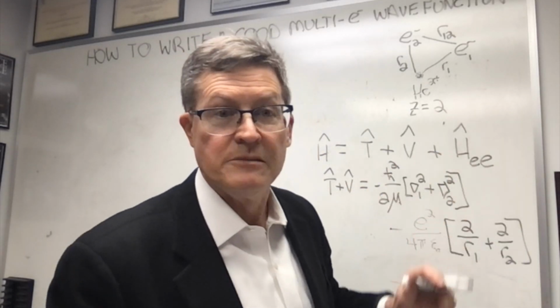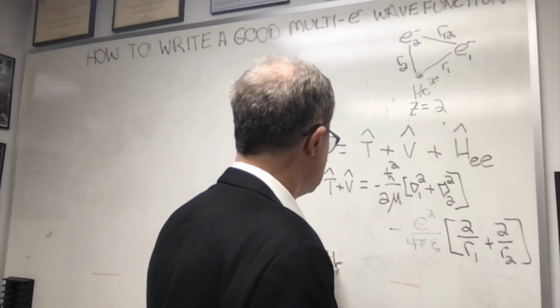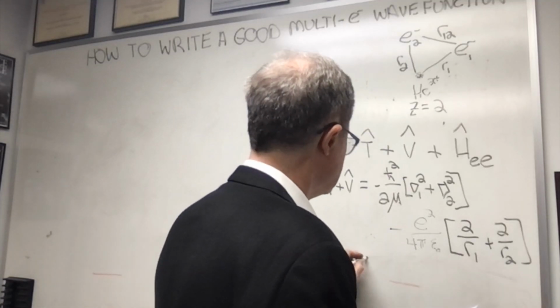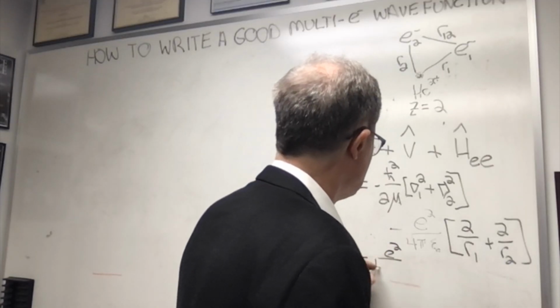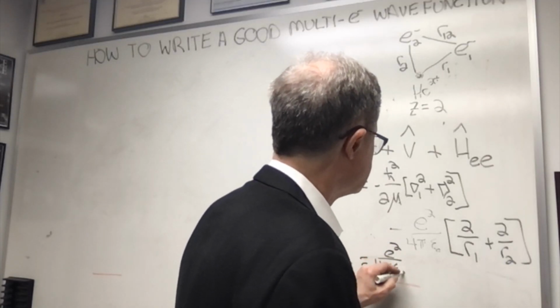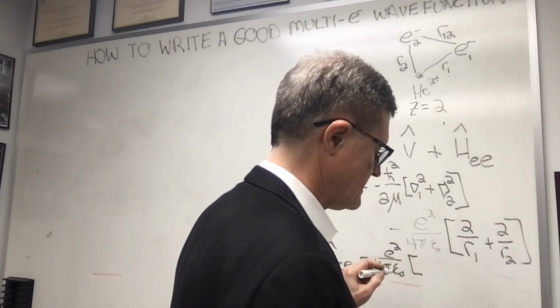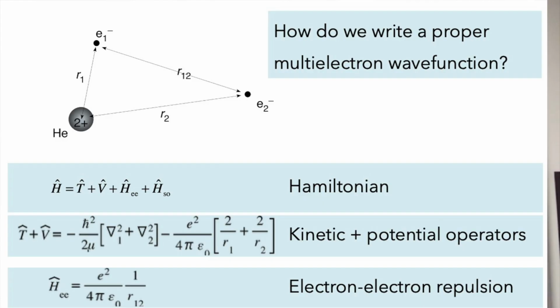Without this term, we'd have independent electrons. Well, think about that some more. The electron-electron repulsion is going to be equal to, again, your e squared over 4 pi epsilon naught to get your units right, and then the distance between the electrons, 1 over r12. Right. In the hydrogen atom, we didn't have that.